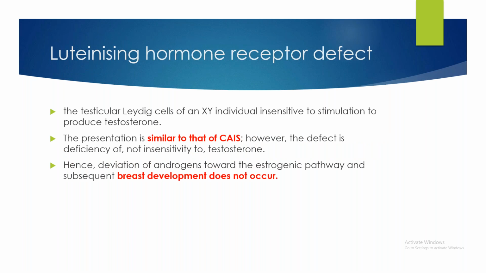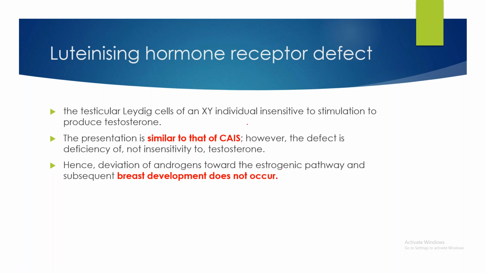Now another thing is the luteinizing hormone, LH, receptor defect. Here the testicular Leydig cells of this male individual are insensitive to LH stimulation to produce testosterone. So the findings will be similar to androgen insensitivity syndrome because there will be no testosterone. But the defect here is deficiency of testosterone, not insensitivity.